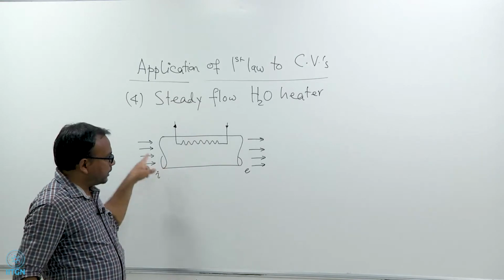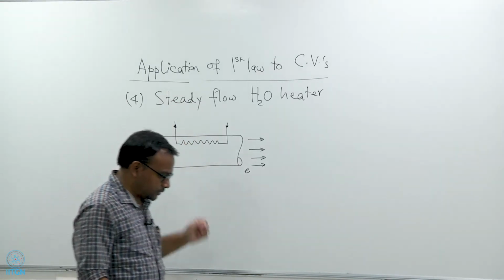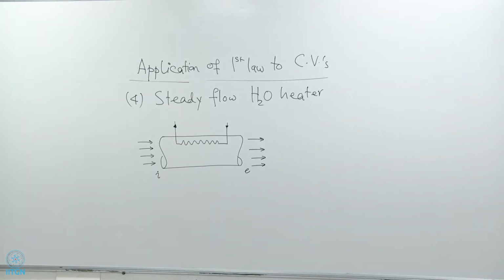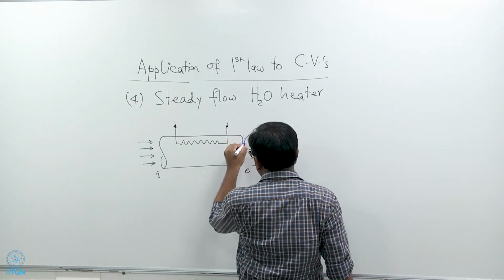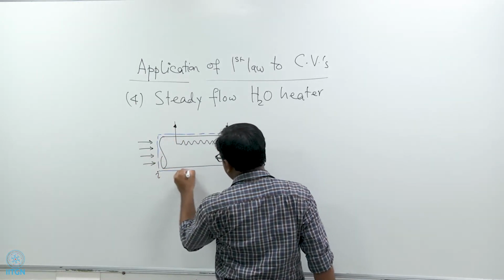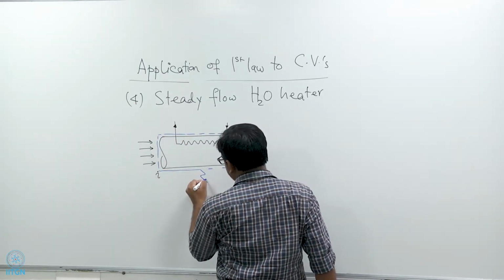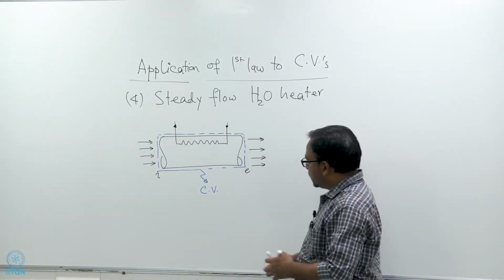Now let us try to apply first law to analyze this simple device which is working under steady state condition. Let me first isolate the control volume. So this we can call the control volume. This section, the blue bit that I am covering, is our control volume. The inlet and the exit conditions are known.